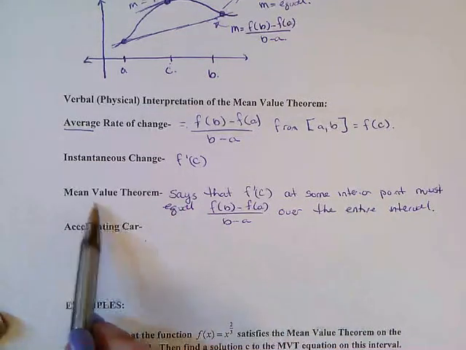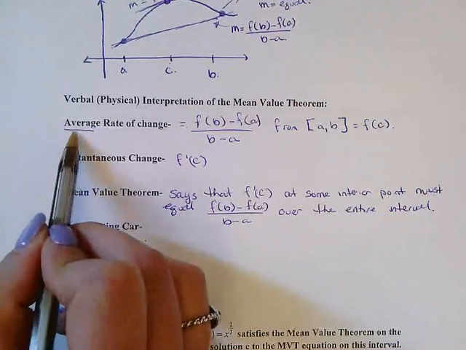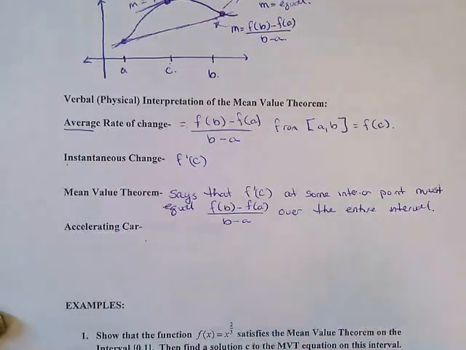Okay, so that's what the mean value theorem says. There's two different parts of the mean value theorem. There's the average rate of change, and then there's the instantaneous change.